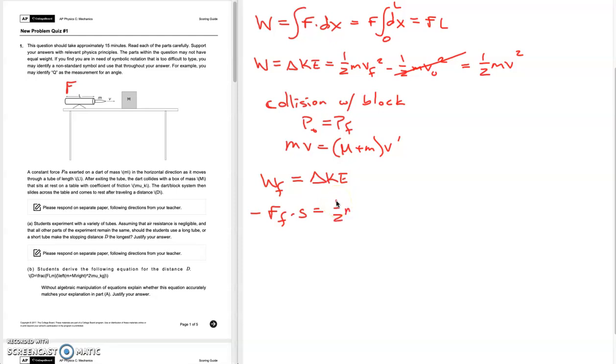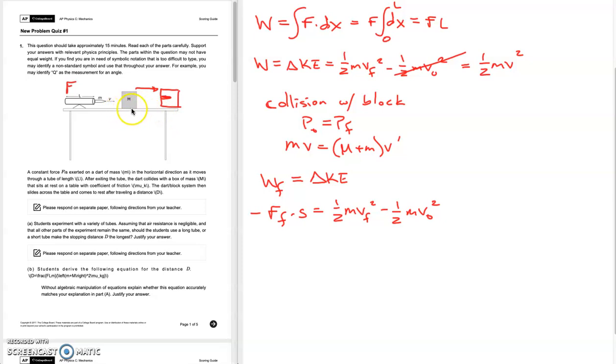And we have 1/2 m vf squared minus 1/2 m v naught squared. Now in this case, when we're talking about the collision, we come over here and we say that these guys slide a particular distance, then they come down here, and we have the bullet inside the block like that.